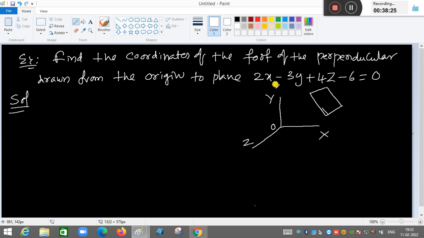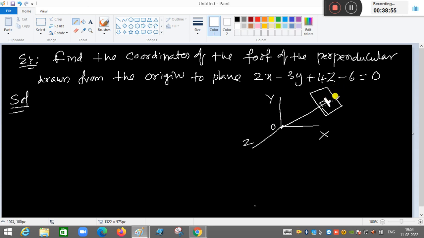So we have to draw the perpendicular. This is the perpendicular. Now this perpendicular foot is the foot of the perpendicular drawn from the origin to the plane. So this is the top, this is the foot. So this point we have to find.